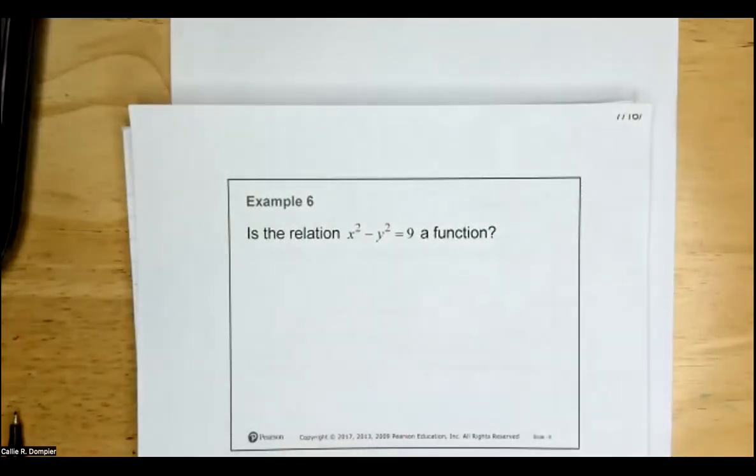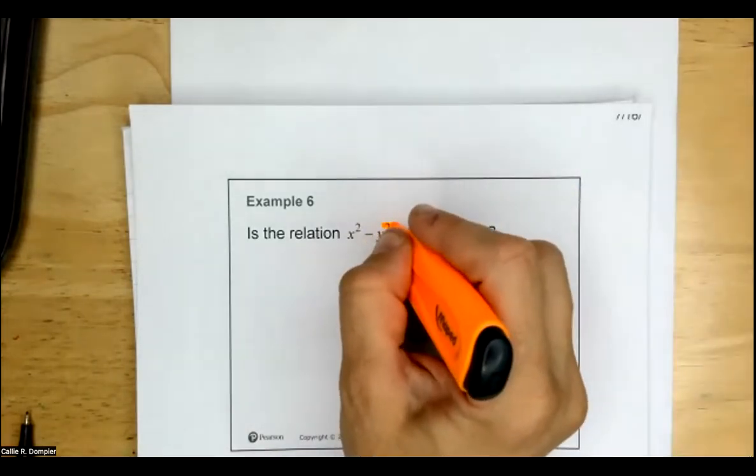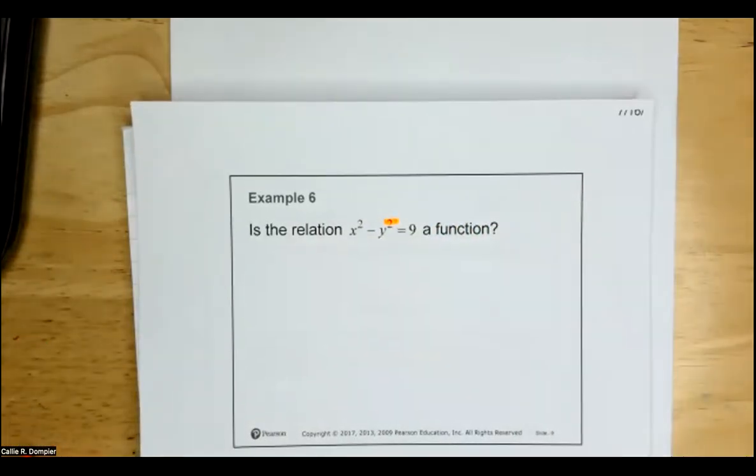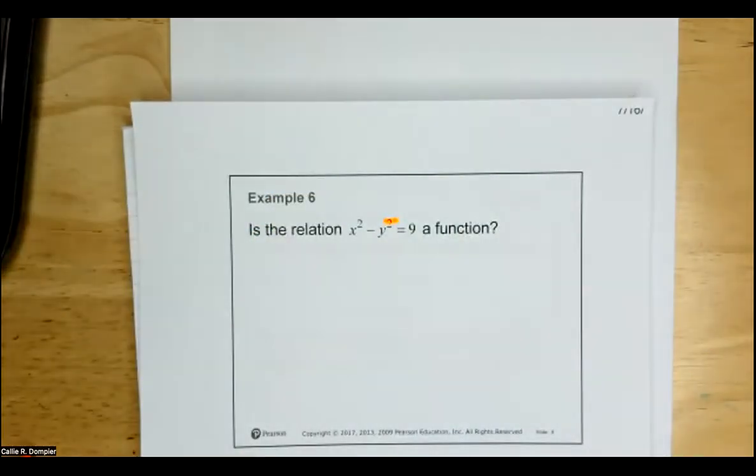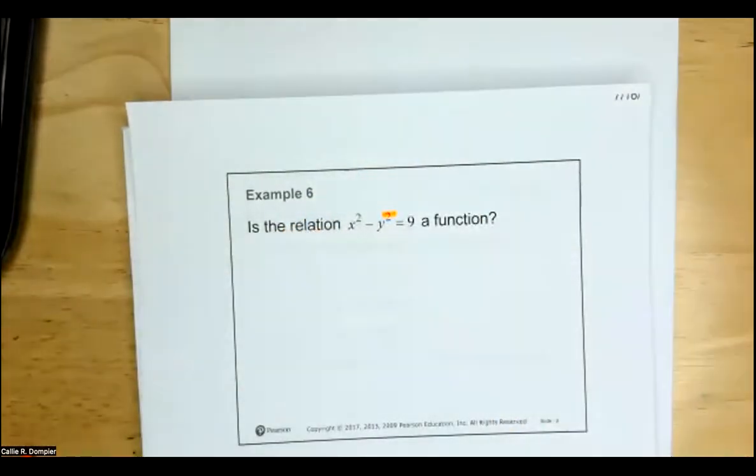All right, example 6, I am just going to tell you that if you have y squared, it's not a function. But let's do the graph, okay? So we have, okay, we'll just do one example.